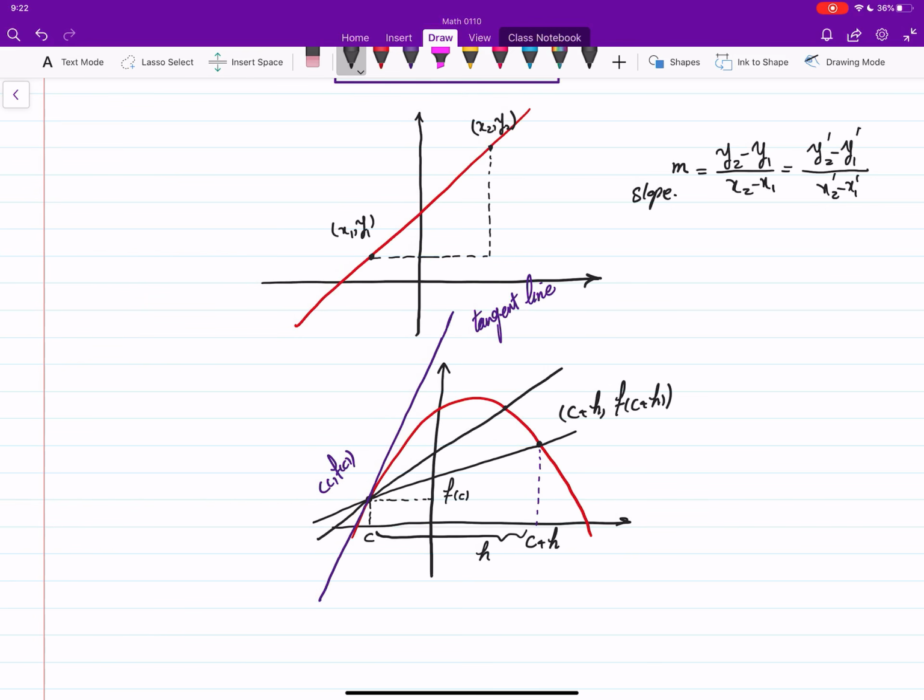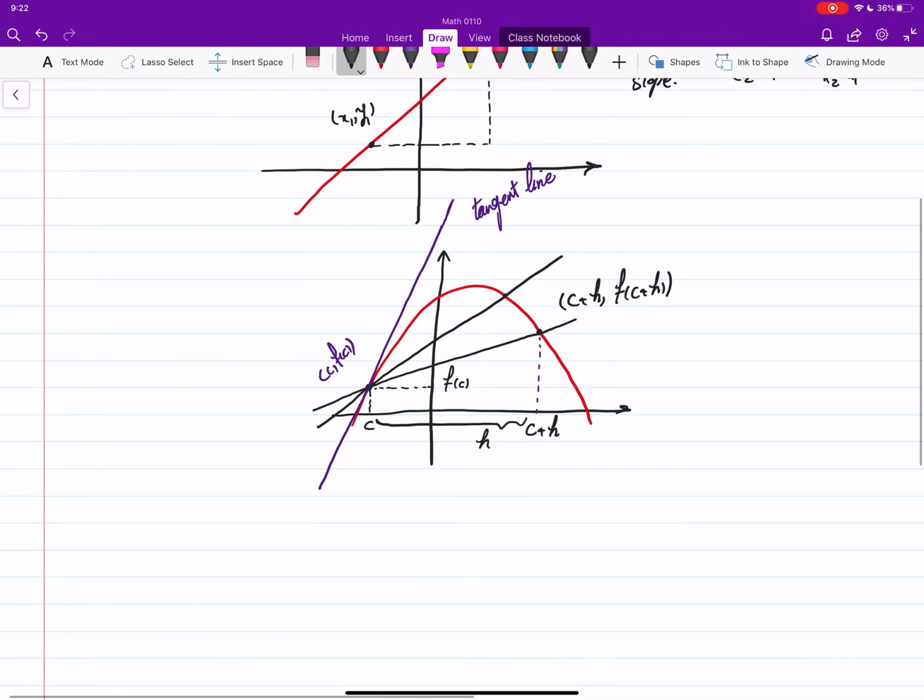Very nice. Well, then find the slope of the line passing through c, f(c) and c plus h, f(c plus h). In other words, the slope of the line, by the way, these lines are called secant lines. Find the slope of this line. So this is x1, y1, x2, y2.